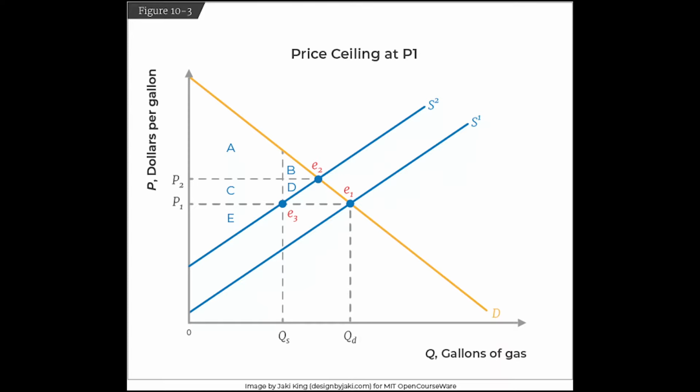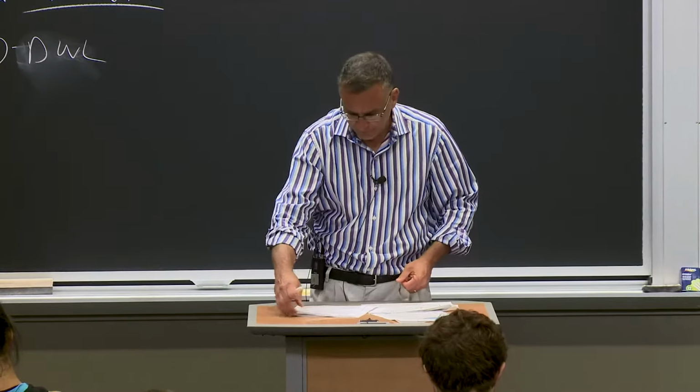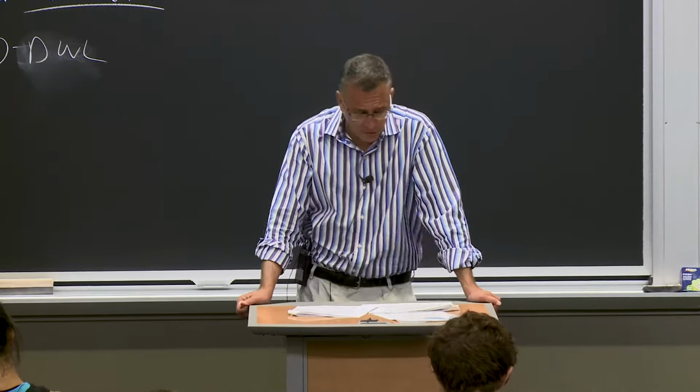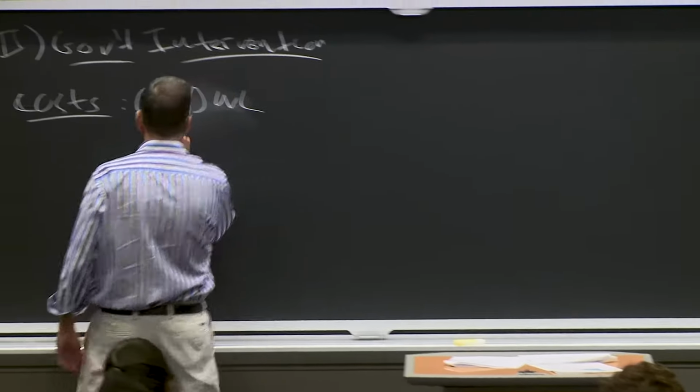You look at the unit right to the right of Q sub S. That's a unit that consumers would have happily bought at the new higher price, and producers would have happily sold at the new higher price, but the government isn't letting it happen. So that's a deadweight loss. So that's an inefficiency. Okay? So that's the first cost: the cost to society of trades that don't get made. And we call this an efficiency loss.